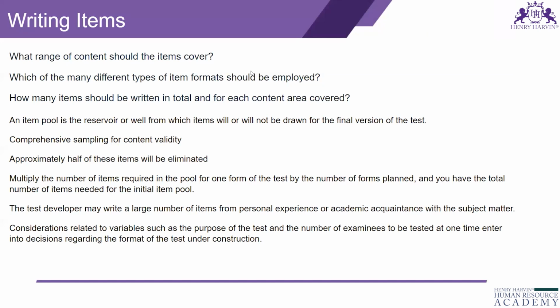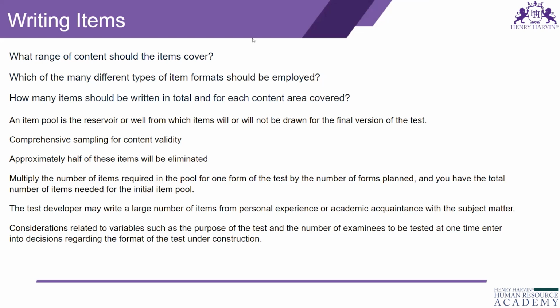So the next step: we finalize the scaling method. We discussed different scaling methods which we can use, and now we have finalized that we will use the Likert scale, where there will be agree, disagree. You must have seen that in personality tests as well. Now we are going to write the items.